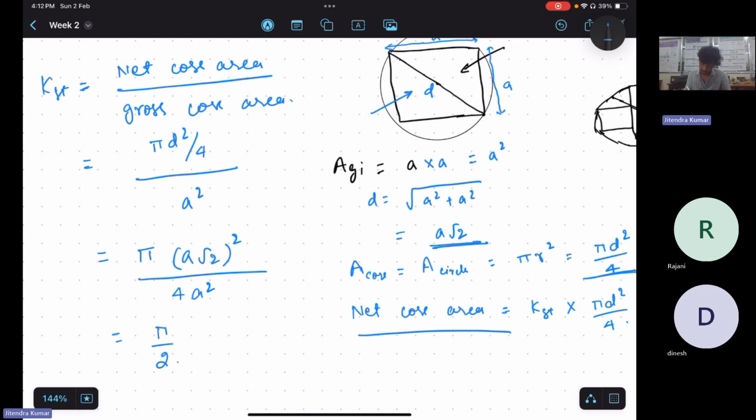It will not be correct then. Pi divided by 2, because the stacking factor should not exceed 1. Pi by 2, because pi is 3.14, divided by 2 is 1.57.